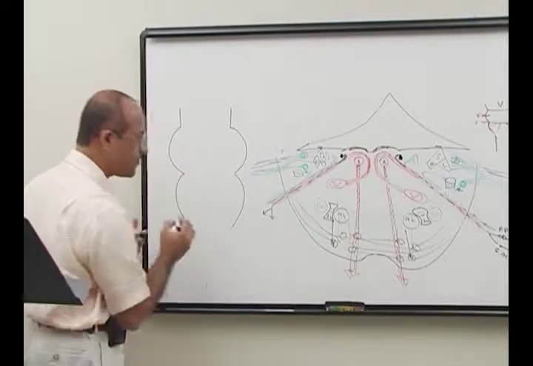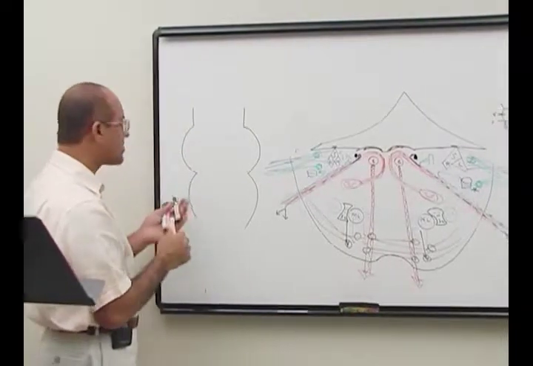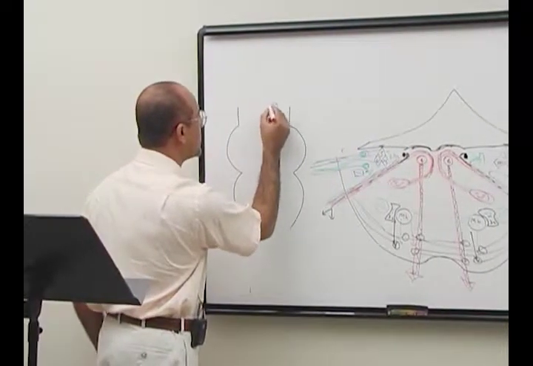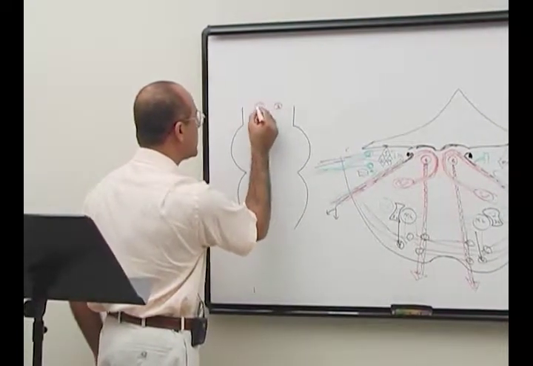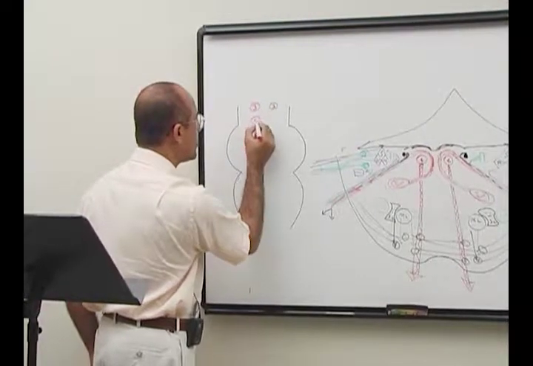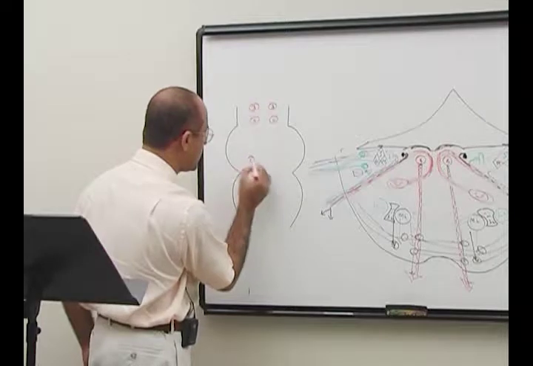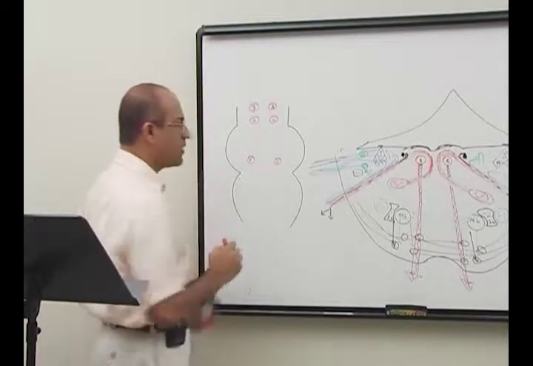Is that right? Now, in the brainstem, there are many motor nuclei, but right now I am concentrating on the third, oculomotor nucleus. What is this? Fourth nucleus. And here is your friend, what is this? Yes, sixth nerve nucleus.